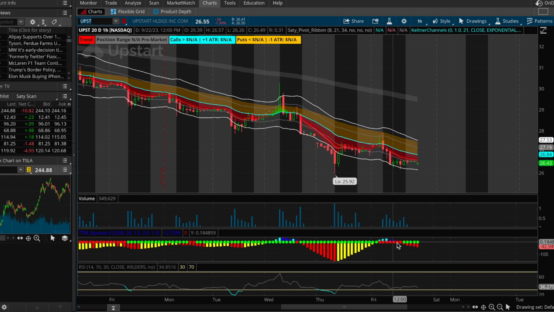The other thing to take note of is that all of these candles throughout the day on Friday were triggering, and then it fired, and then it just moved sideways on the fire. So my question is, is there a move that's going to kick off Monday and/or persist through Monday, or is it going to need to re-trigger and refire again? Sometimes that's just the way it takes shape on the TTM squeeze indicator.